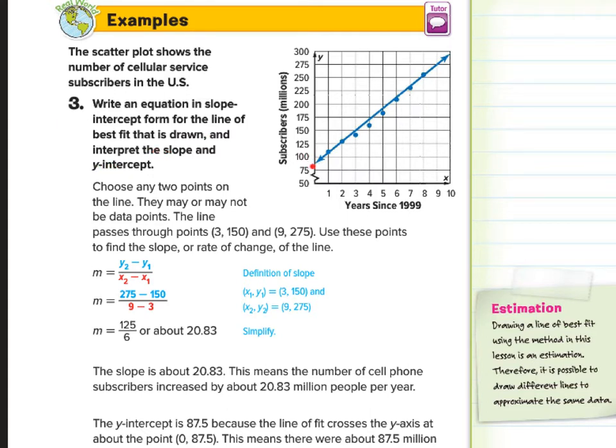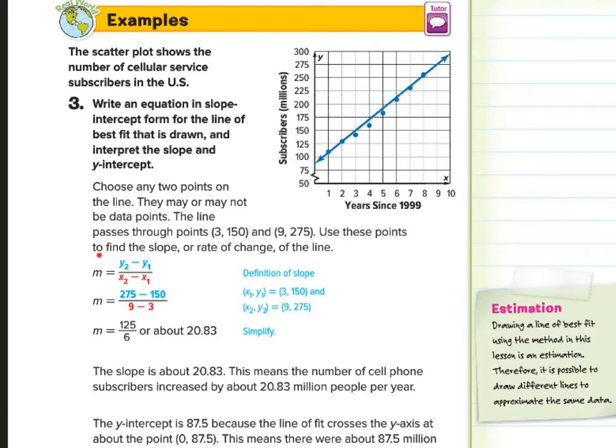So the y-intercept means where it begins, and the slope, which you guys know how to identify by finding the delta y over delta x. And you can see that here. Choose any 2 points on the line. They may or may not be data points. The line passes through points (3, 150) and (9, 275).